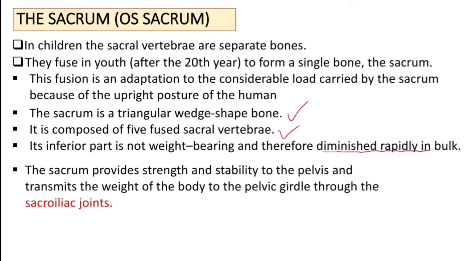The sacrum provides strength and stability to the pelvis. That's the first function. It also transmits the weight of the body to the pelvic girdle through the sacroiliac joints. Another important function is articulation with the lower limbs.